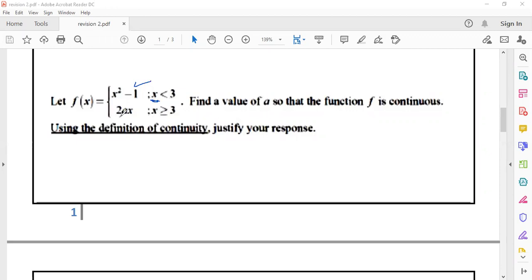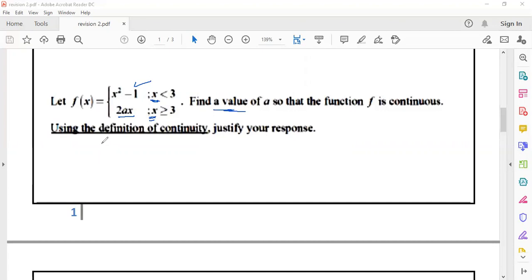And the second rule: 2a x when x is greater than or equal to 3. Find a value of a so that the function is continuous using the definition of continuity. Justify your response.